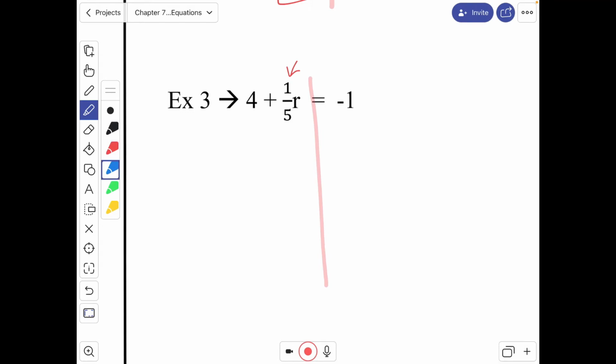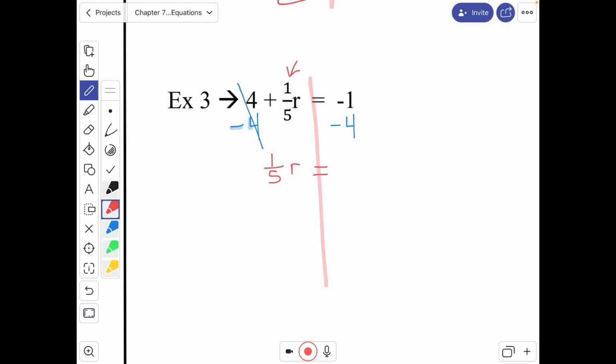So the opposite of adding a positive 4 is subtracting 4. Positive 4 and negative 4 cancel. And 1/5 times r comes straight down. And the equal sign came straight down.